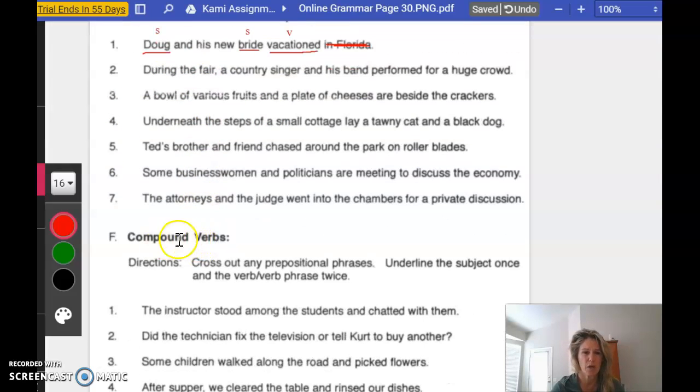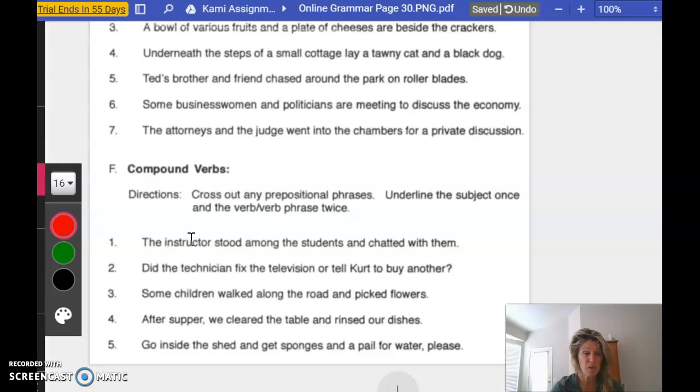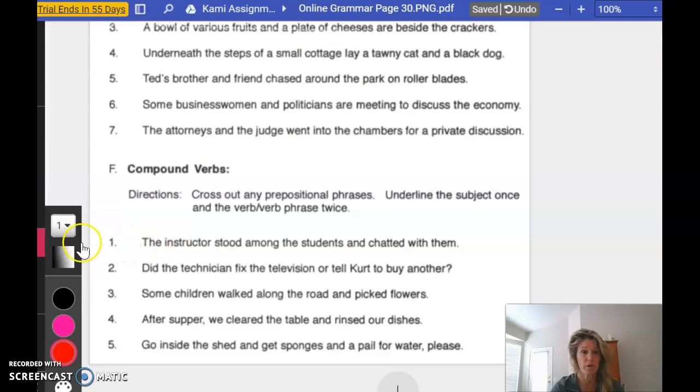Now coming down to compound verbs, same idea in that we get rid of any prep phrases first. Instructor stood, there's a preposition among. So among the students is gone. With them is gone. Okay, then I look for my verbs. Now with compound verbs, there's going to be more than one verb.